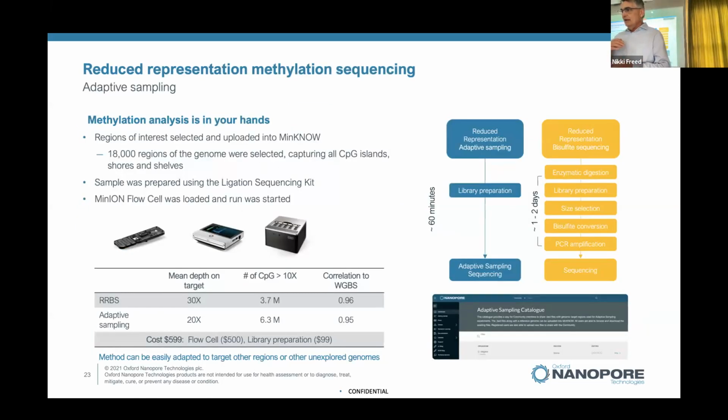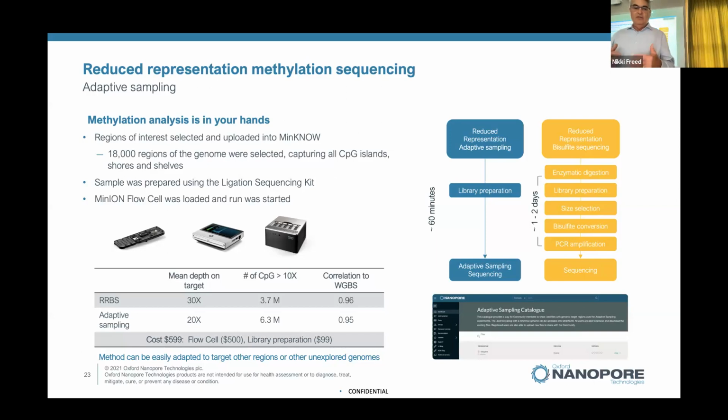One nice little application is reduced representation bisulfite sequencing, methylation sequencing. So it's similar to RRBS, but it's different. We've got a bed file of 18,000 regions of the human genome, for example.